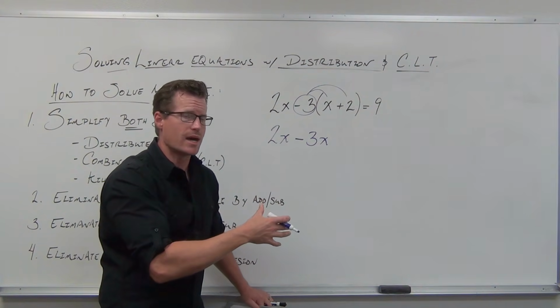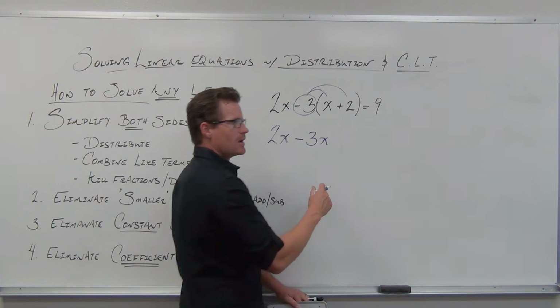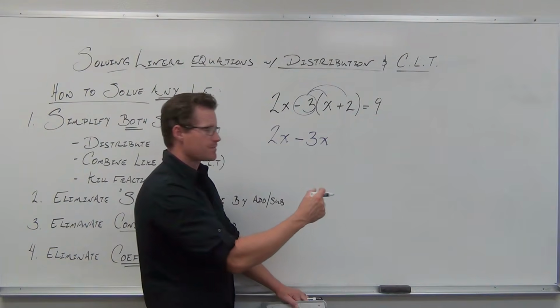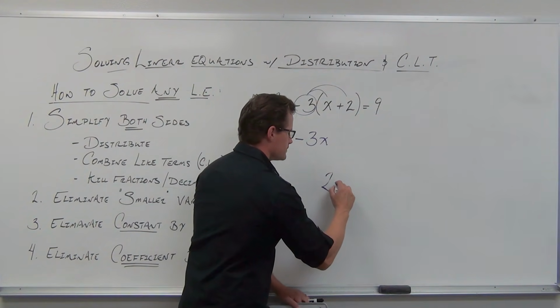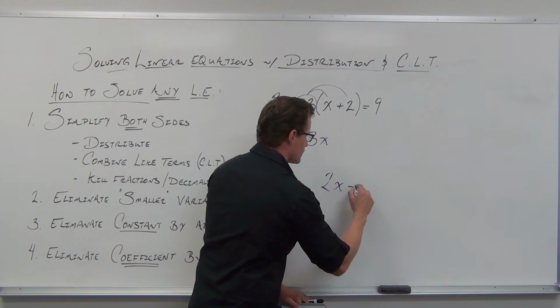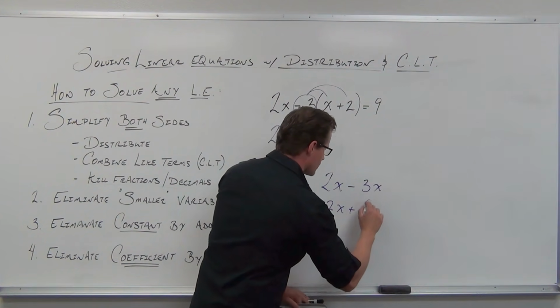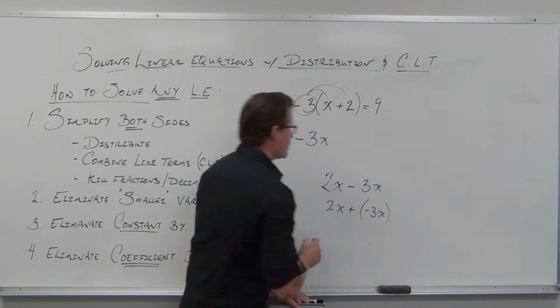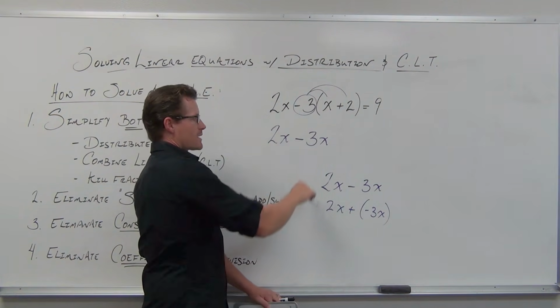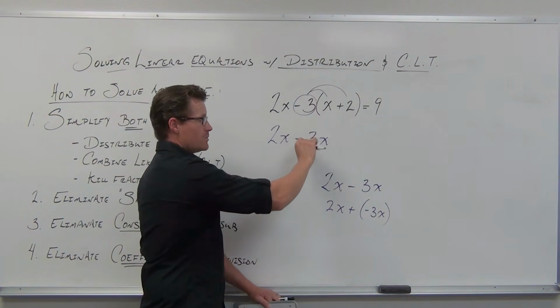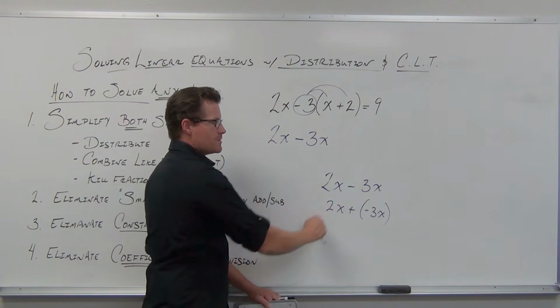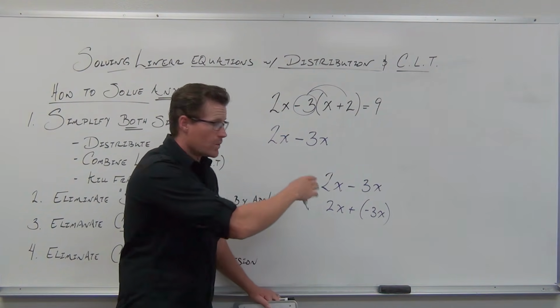We can write down any negative as a plus minus. So we could write down 2x plus -3x, because that's what that would be, or we can revert that back to the minus. They're interchangeable. You can go either way here.